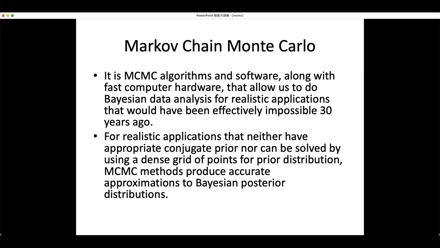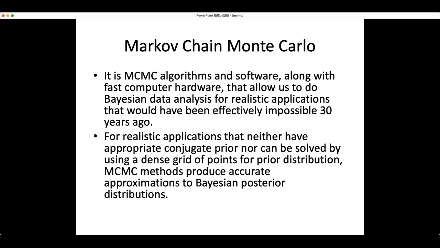With the help of the hardware and this MCMC algorithm, you are able to draw the posterior very easily. Actually, this is not possible, like just 30 years ago.